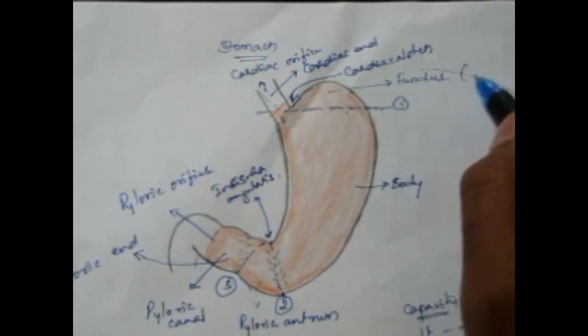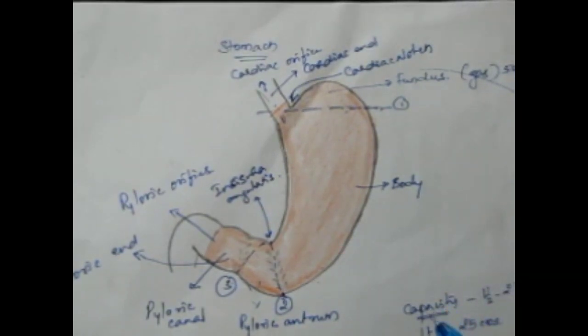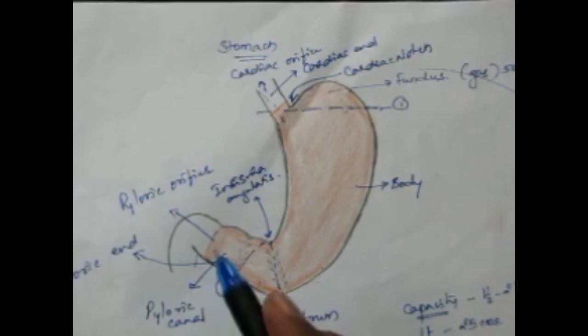Fundus usually contains gas, about 50 ml. Body is a reservoir of food. Pyloric antrum is funnel shaped and the canal is tube shaped.